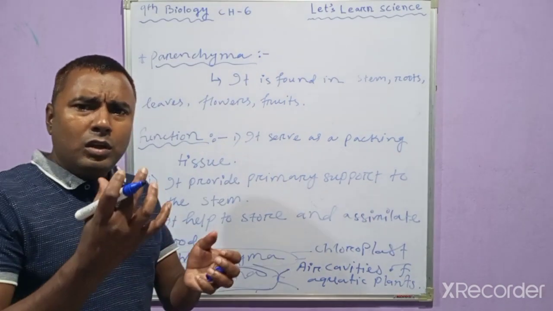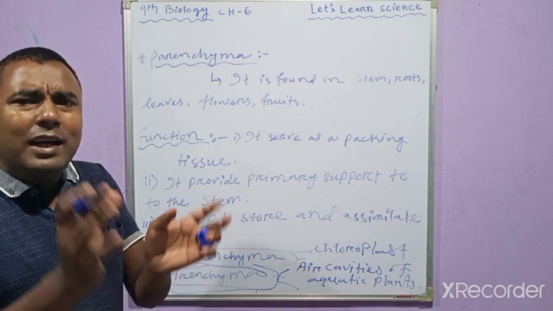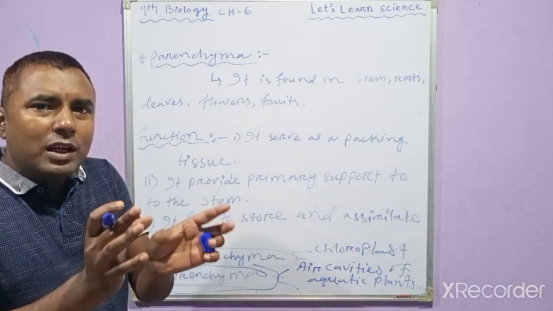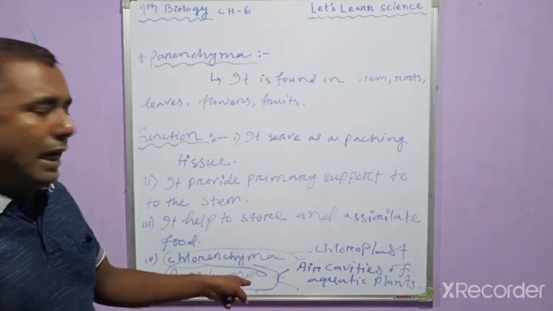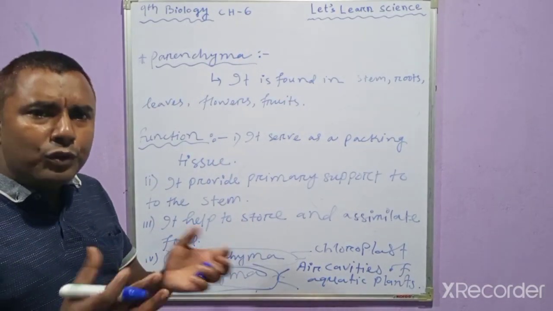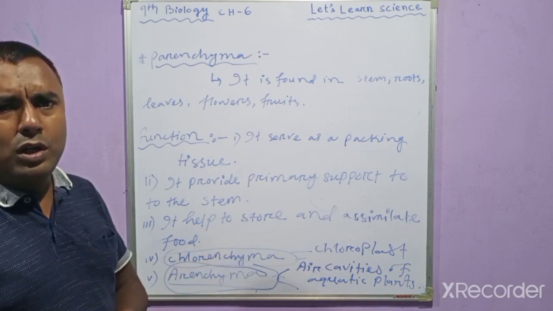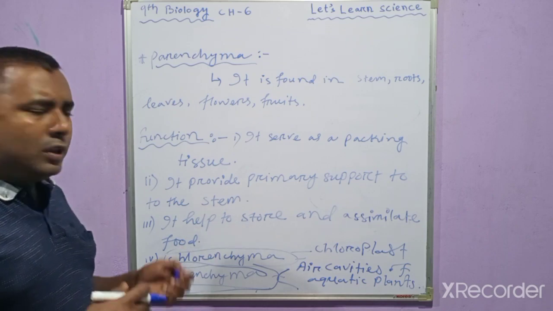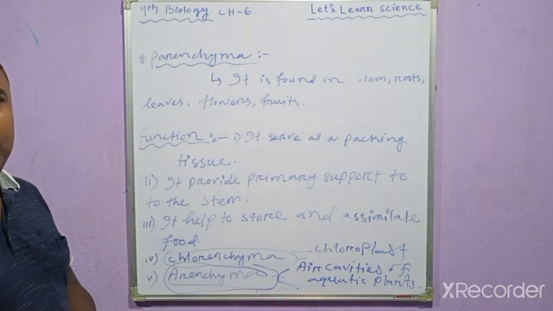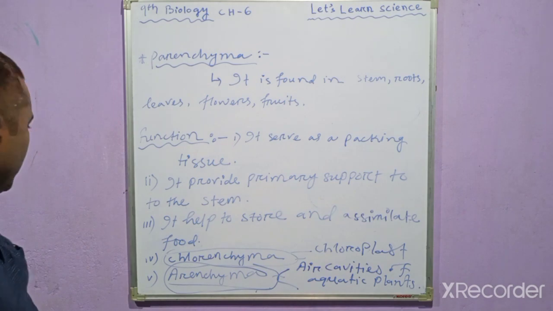In the aquatic plant, there are some air cavities. So those air cavities are present because of aerenchyma, and that helps the plant to float on the surface of water. So in this way, the parenchyma performs these various activities in the plant body.